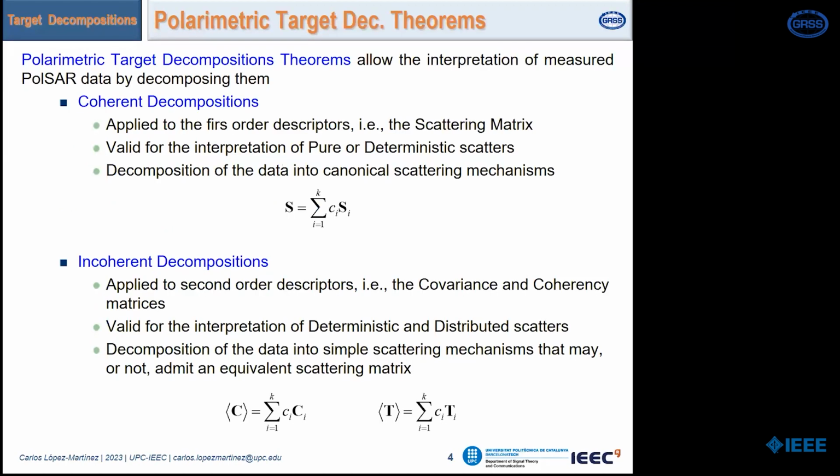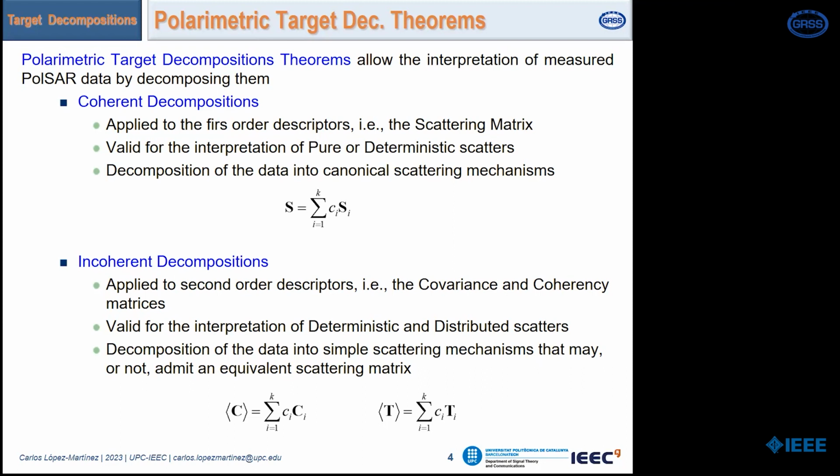The idea is to decompose our signal. Whenever I have the scattering matrix, I can talk about what is called coherent decomposition. My idea is to decompose my real scattering matrix into an addition of some canonical scattering matrices which I can physically interpret.